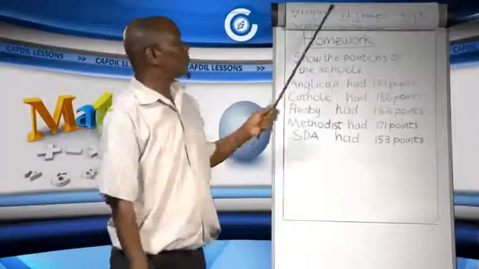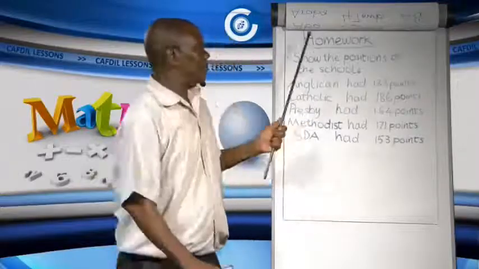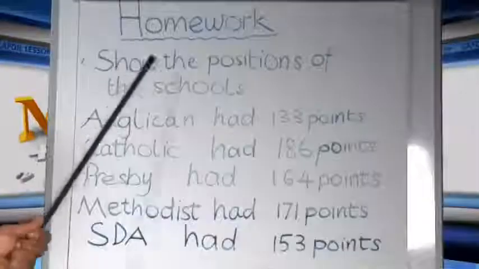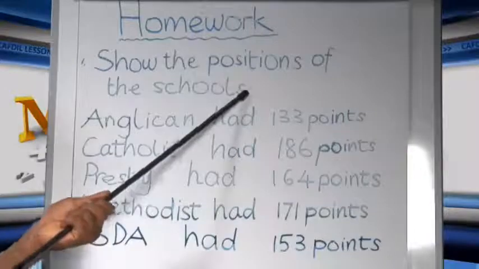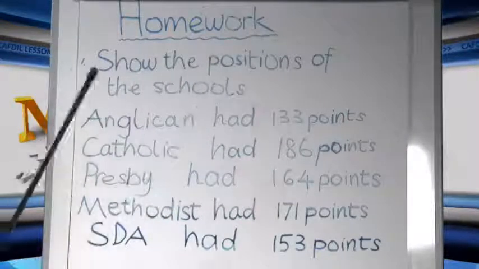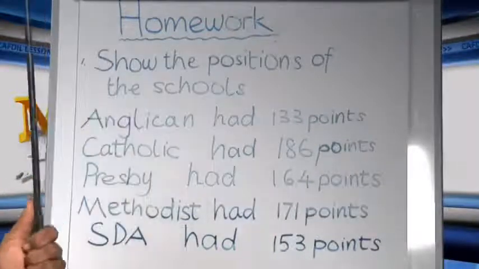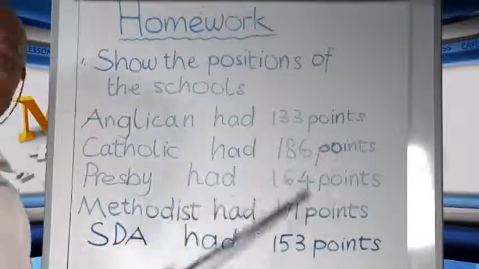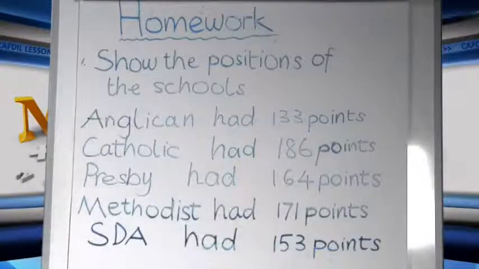Now, we have finished today's work. Let's look at your homework. Show the positions of the schools. There was a singing competition, and these are the points the schools had.